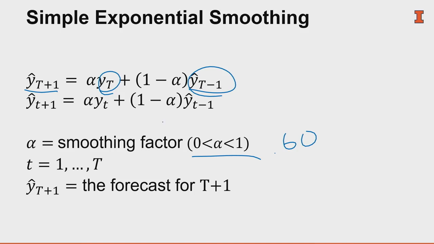Notice the subscripts go from t equals 1 to capital T. So this first equation is for the immediate future, 1 period forward. And this is the prediction given the past data of any value of t. Now before I go into the equations for the Holt-Winter's model, I want to rephrase the simple exponential smoothing into component form.